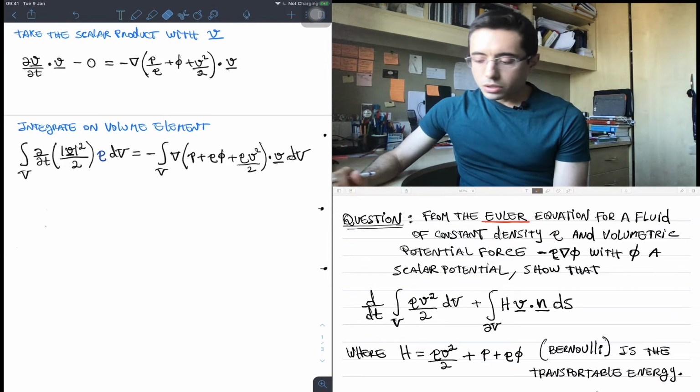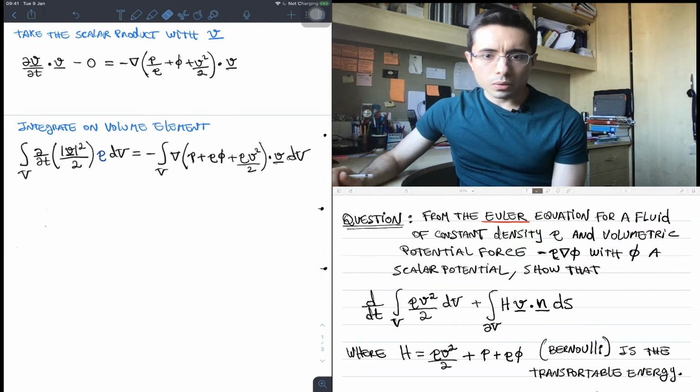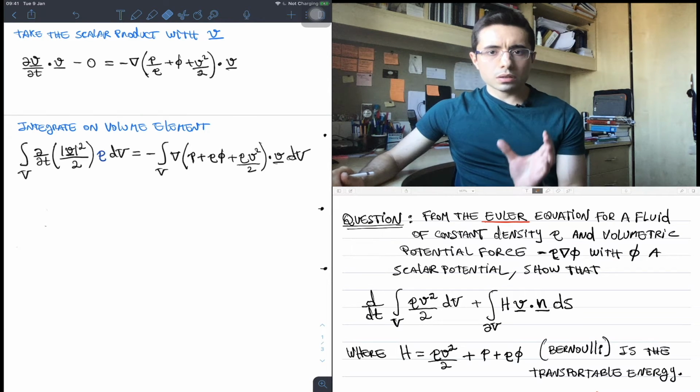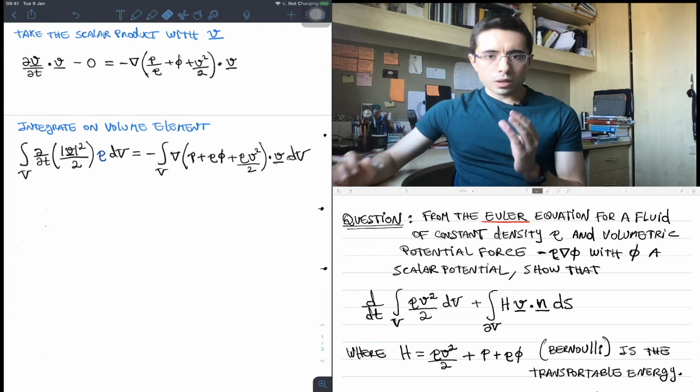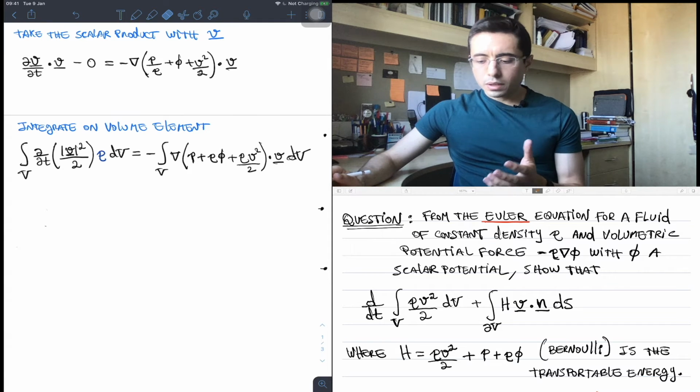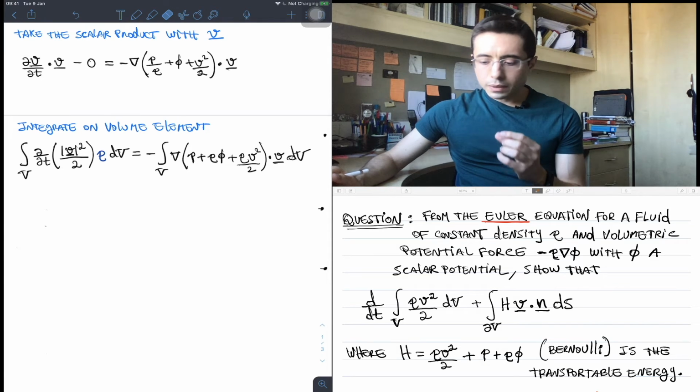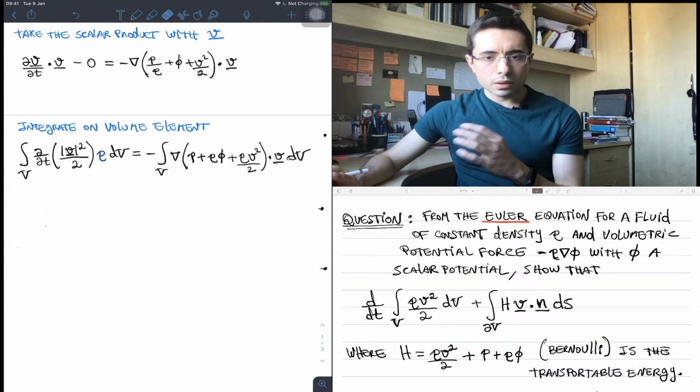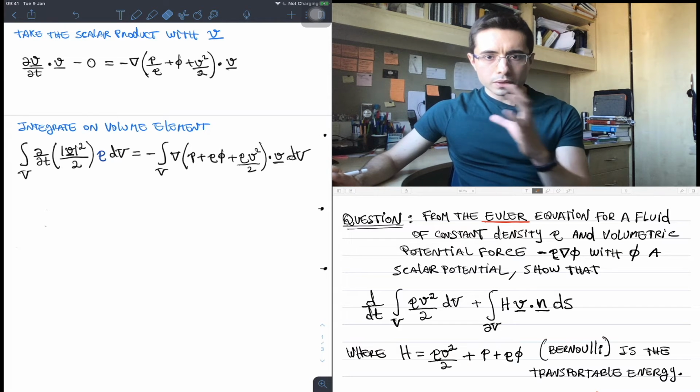The Euler's equation is an equation which is valid for an element of the fluid. That's obvious because v and all the functions are functions of x and t, so they are valid for an element.